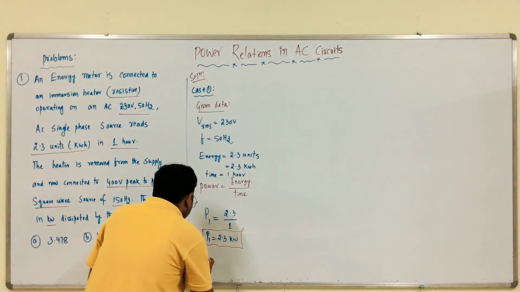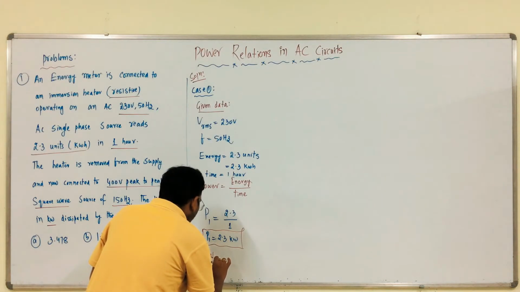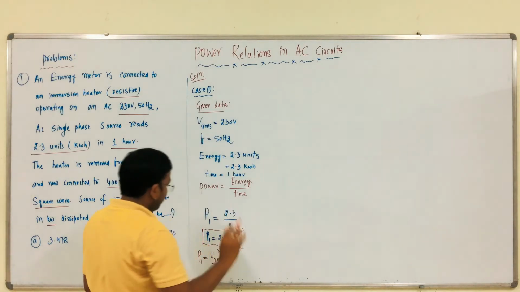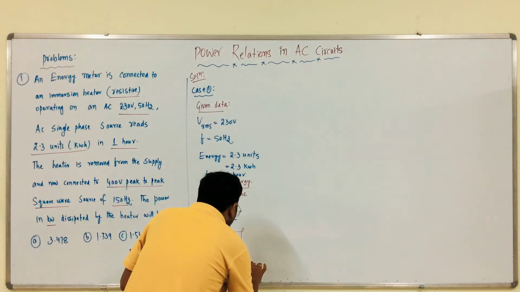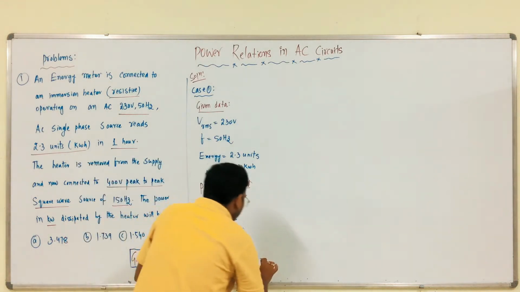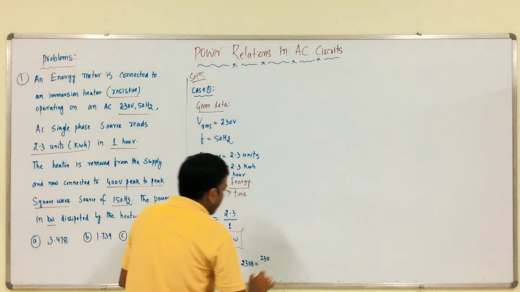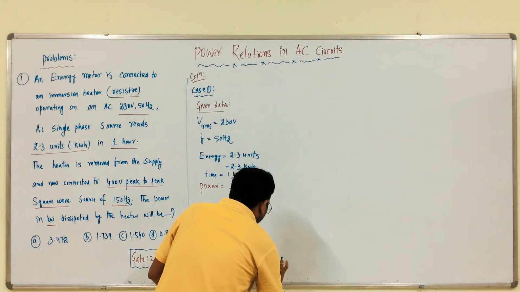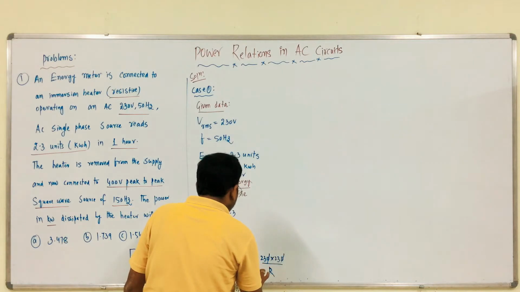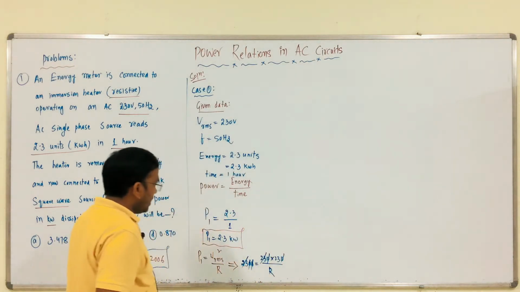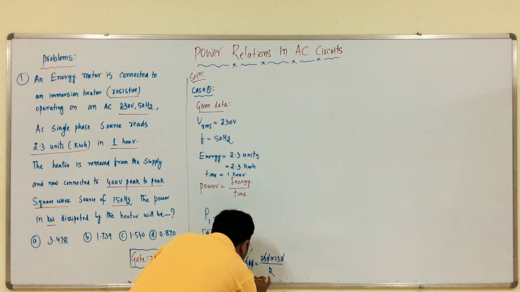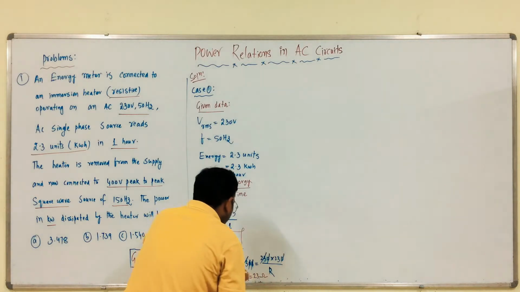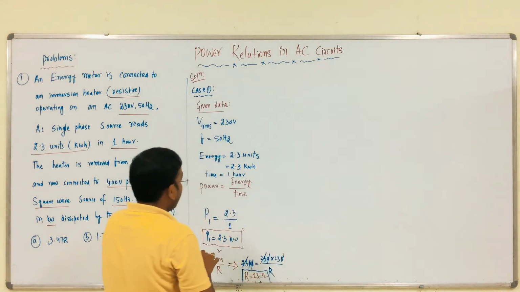Therefore, P1 equals Vrms square by R. From this, 2.3 kilowatt, that is 2300, equals 230 whole square by R. Here one 230 gets cancelled. Therefore, R equals 23 ohms. We have the value of resistance, clear.